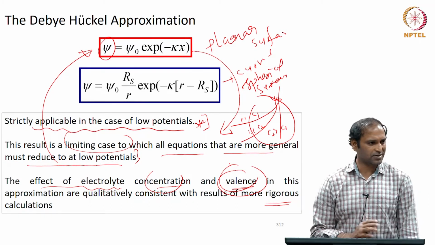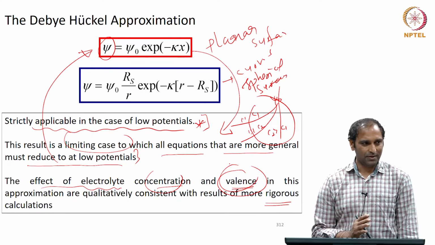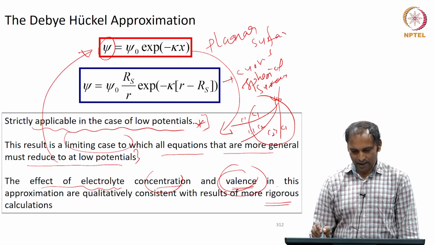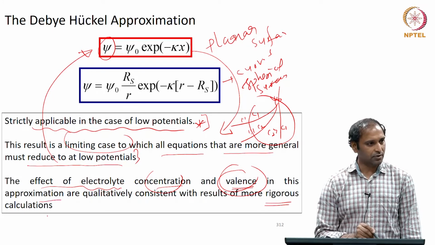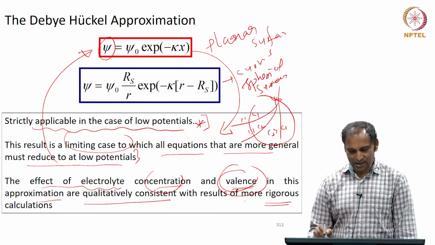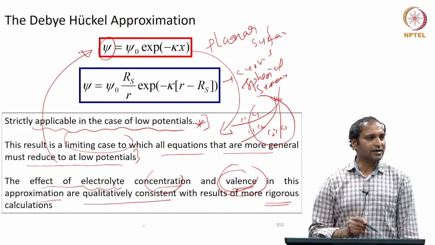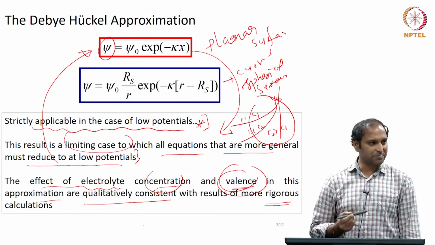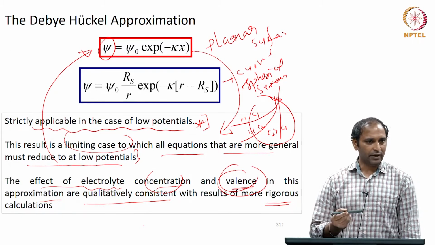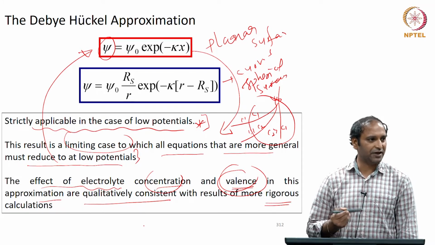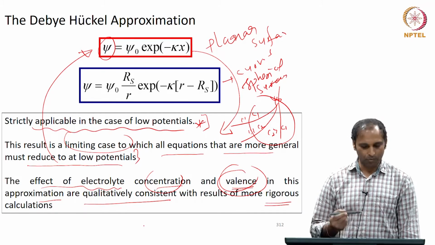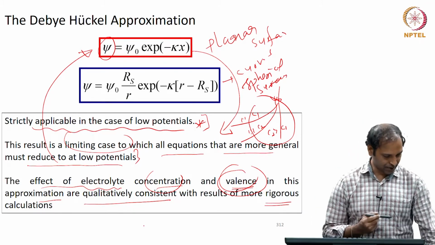That is the point. The effect of electrolyte concentration and valency in this approximation is qualitatively consistent with the results of more rigorous calculation. There may be a quantitative mismatch because you have invoked the low potential case. However, in terms of the nature of variation, they are similar to the more rigorous calculations.